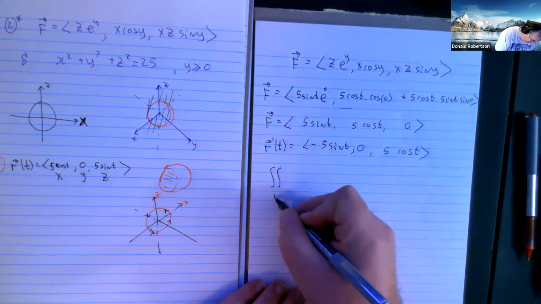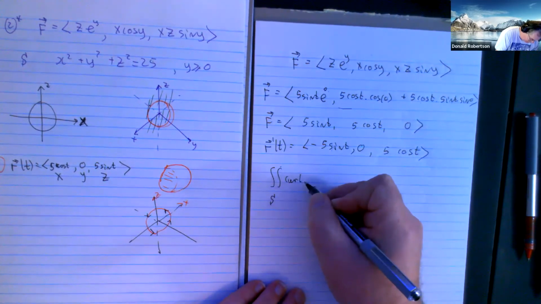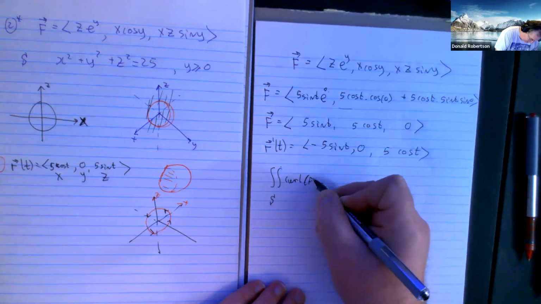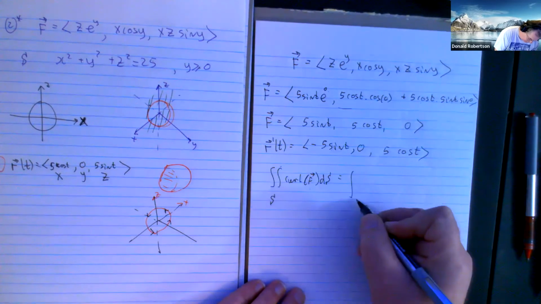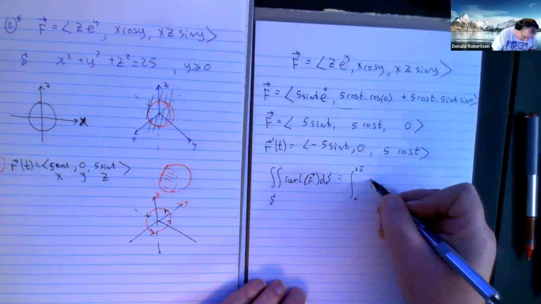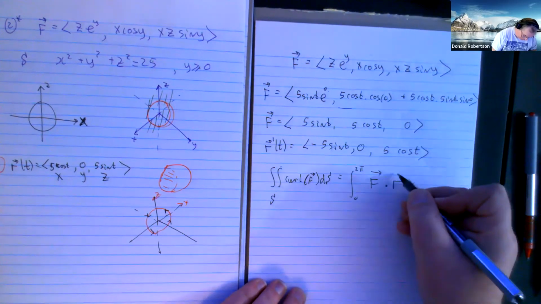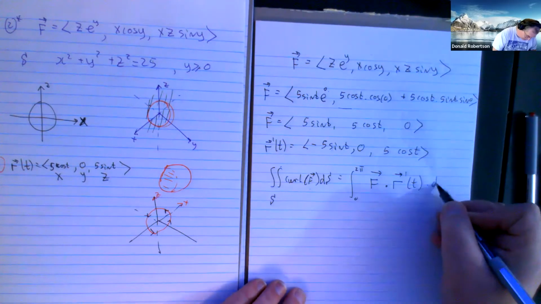The surface integral of that guy is going to be the integral from 0 to 2 pi of F dot product derivative of the curve dt.